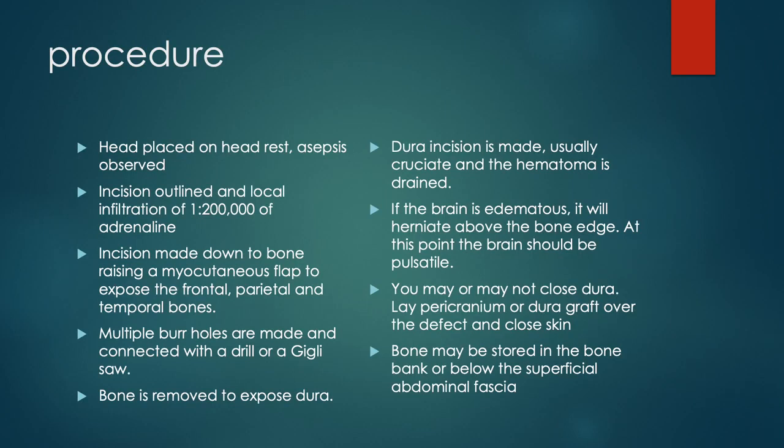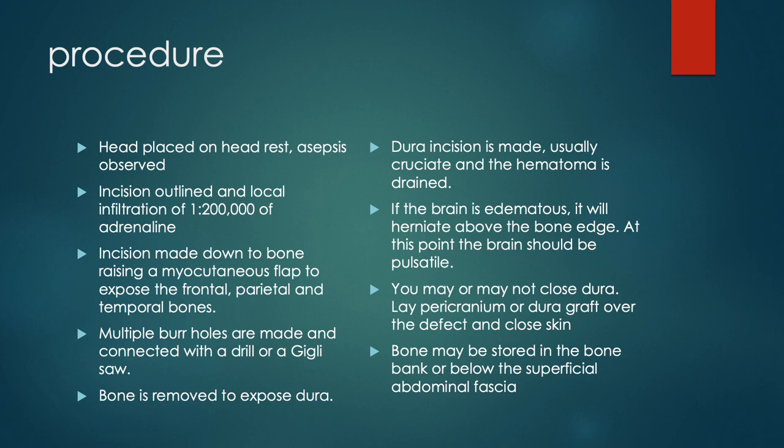Okay, so we place the head on a headrest, asepsis is observed, we outline the incision like we've outlined previously, and then we use 1 in 200,000 adrenaline, and we make this incision.